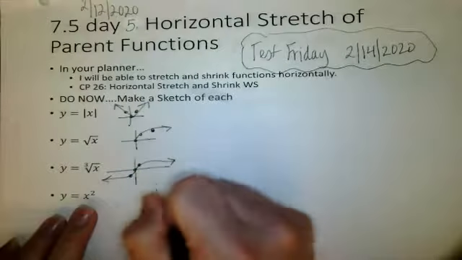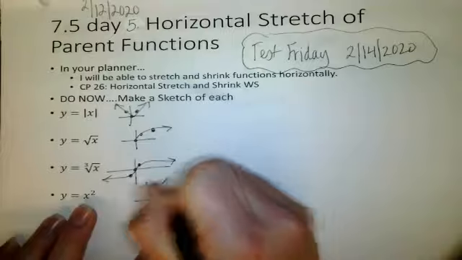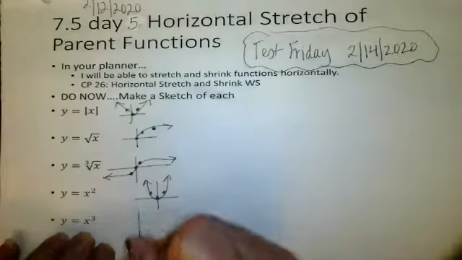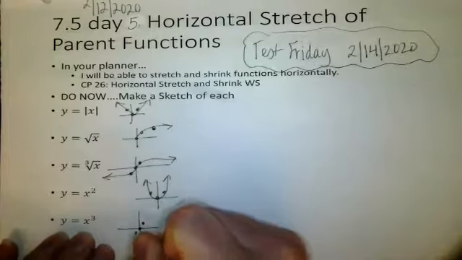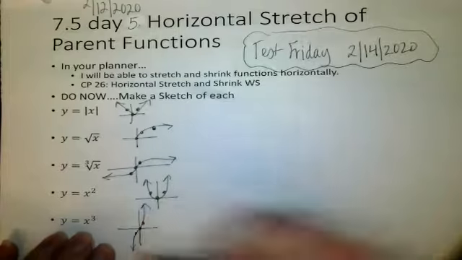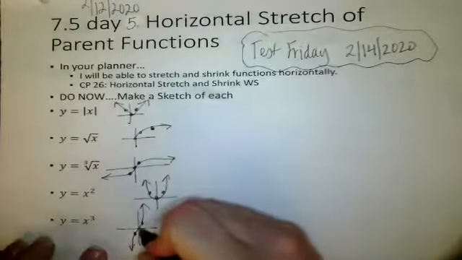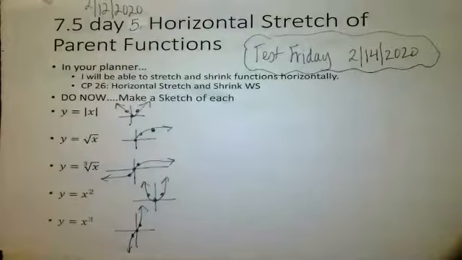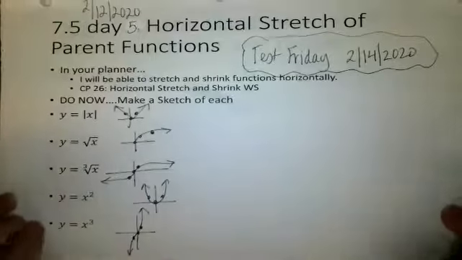X squared. Parabola. And then x cubed. The slide. A wedgie water slide. That really steep slide. The really, really tall slide. All right. So, again, you should know all of these shapes.